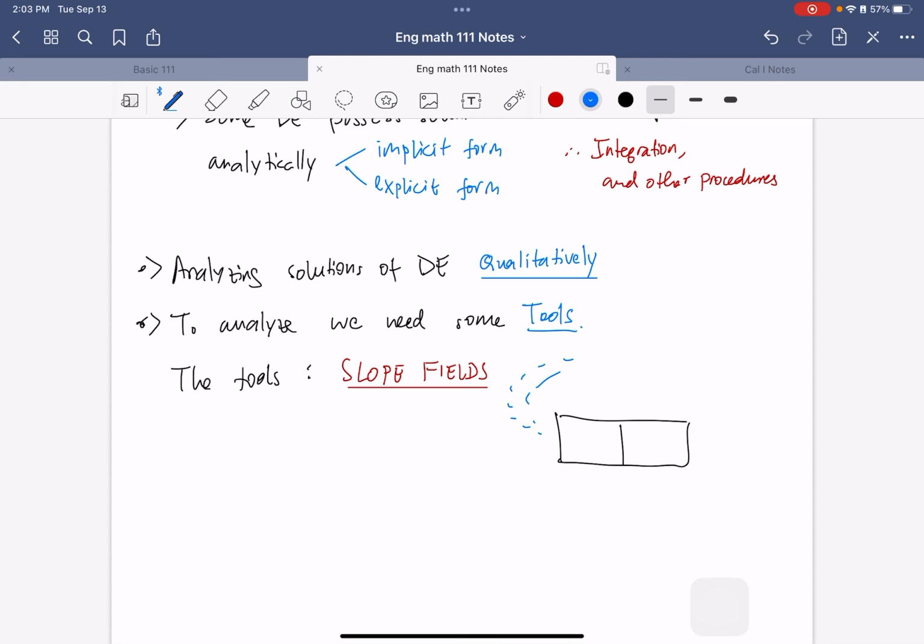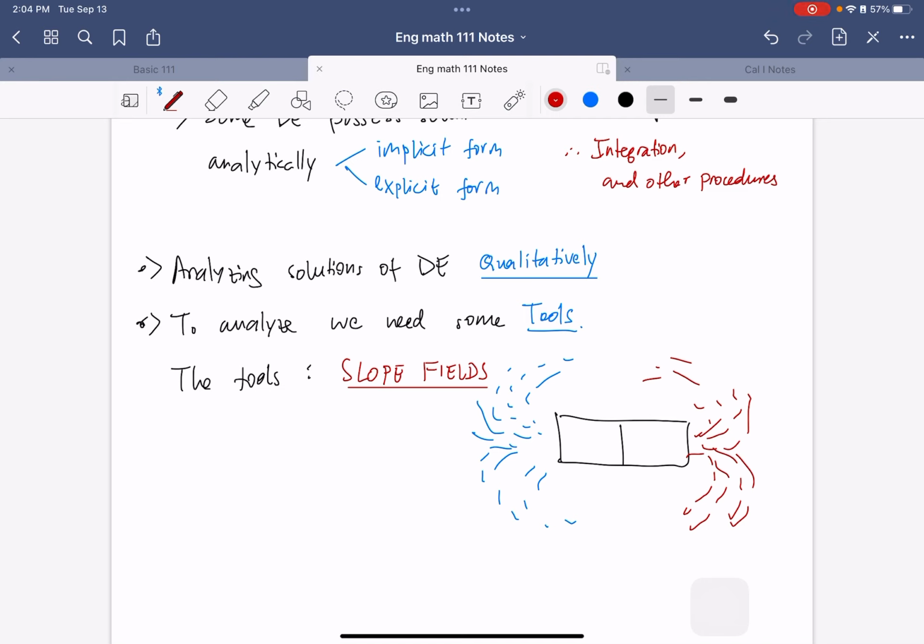This is a kind of field, right? In one way, or maybe there are two. So what these fields mean in the slope field is that we are going to draw all the possibilities of the gradient of the differential equation.